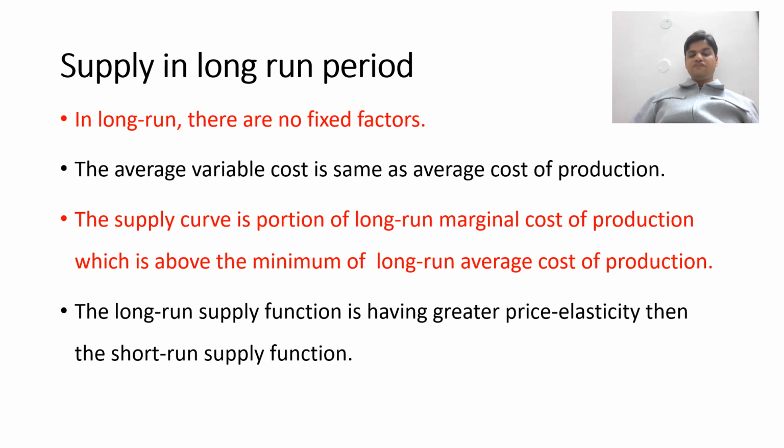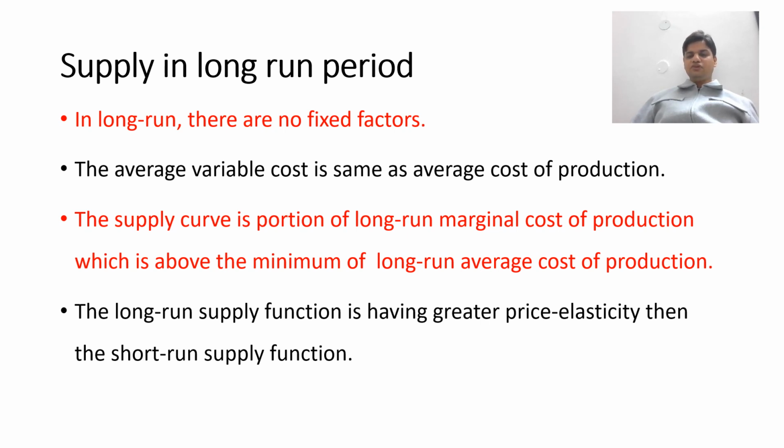The long run supply function is having greater price elasticity than the short run supply function. Obviously, in short run there were some fixed factors which were constraining the size of plant. So in long run, the firm is free to increase its size of plant, so it can augment the supply, and technology upgradation is possible in the long run which was not possible in the short run.